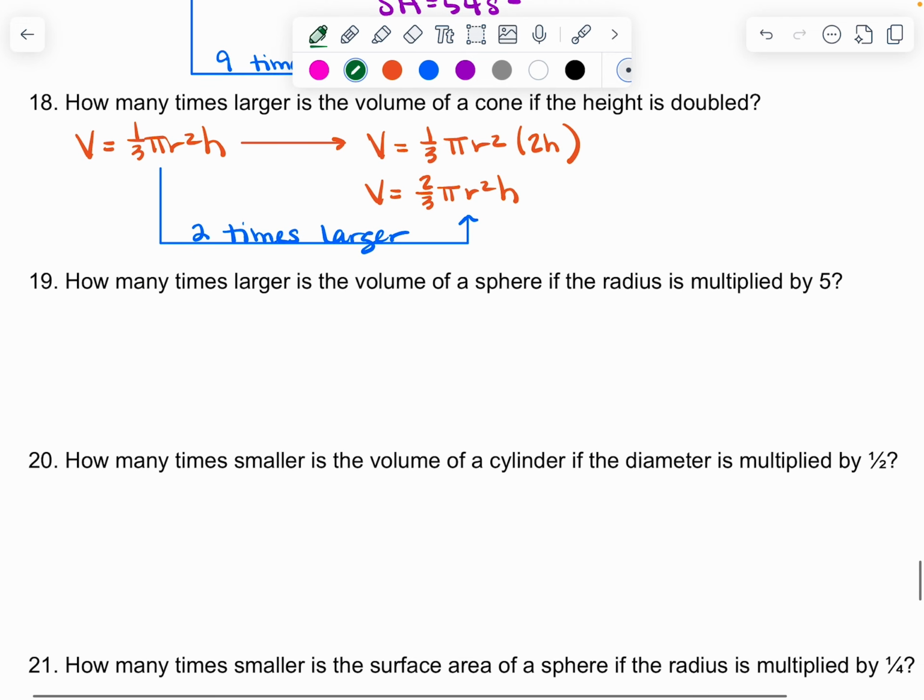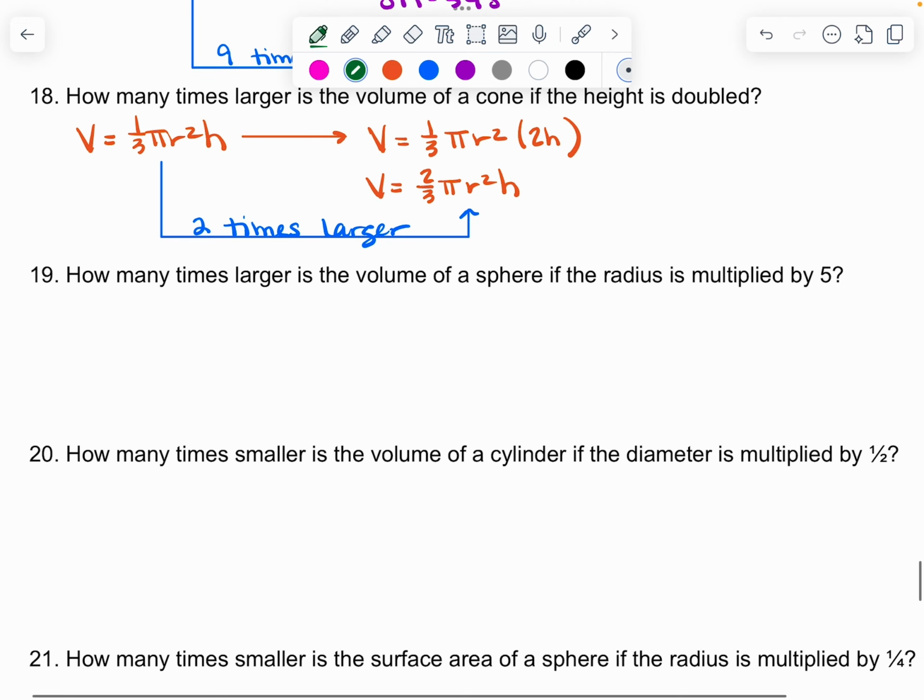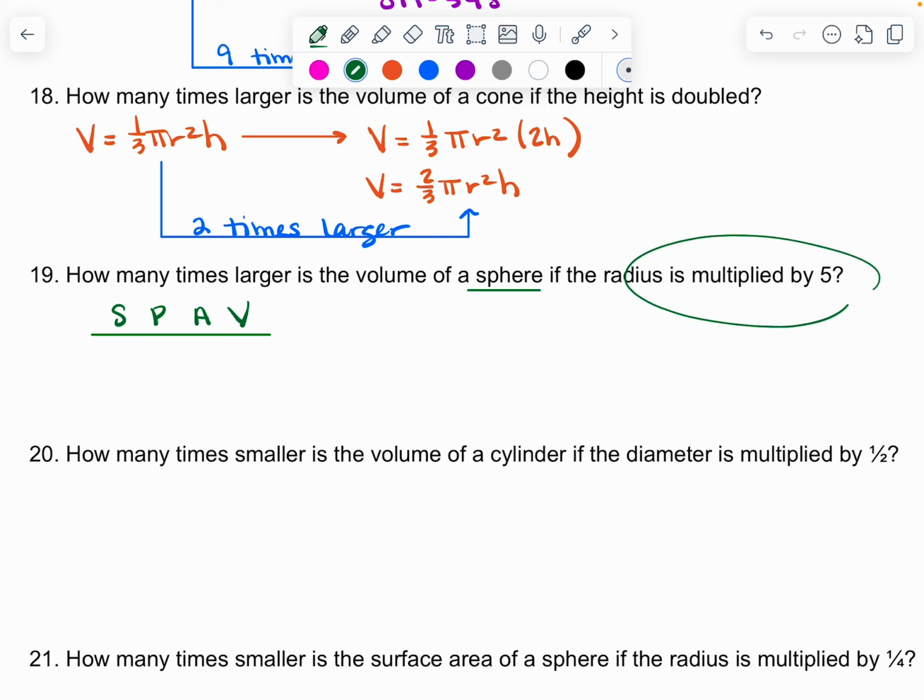All right, I'm going to keep it rolling. We're almost done. How many times larger is the volume of a sphere if the radius is multiplied by 5? Now, if you want to, you can manipulate the formula, but remember, spheres are always similar to one another. So I can totally use a SPOV chart to answer this question. And of course, you can do that in your head.